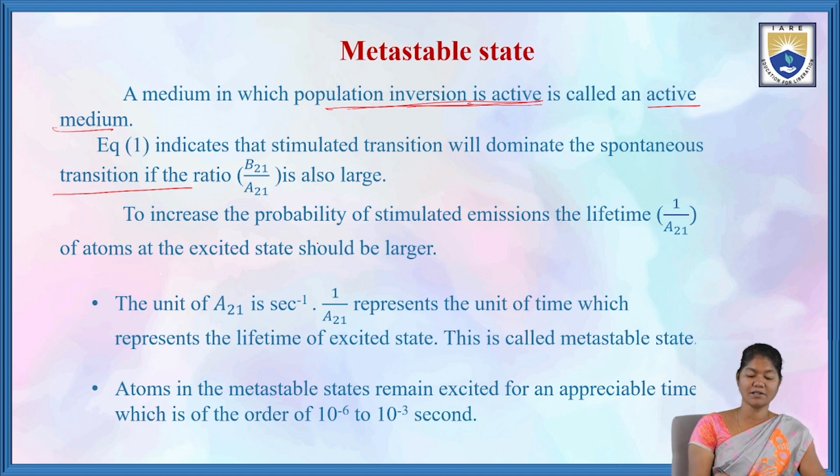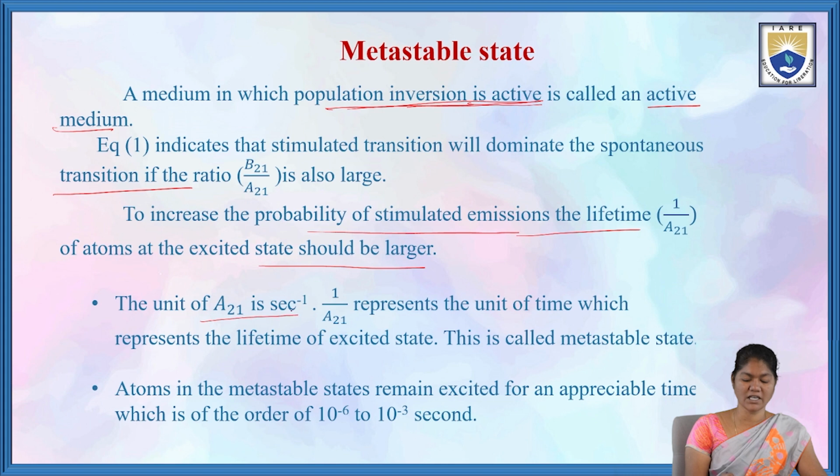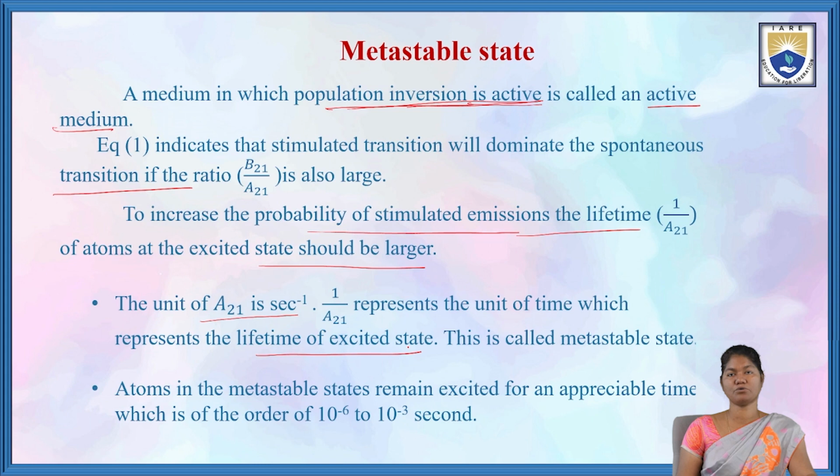So to increase the probability of stimulated emission, the lifetime 1 by A21 of atoms in the excited state should be large. The unit of A21 is second inverse, so 1 by A21 represents the lifetime of the excited state. This is called a metastable state.